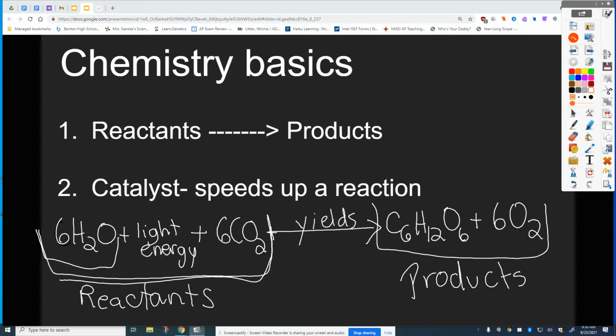Now, if you're driving, what does yield mean? Slow down, give the other people the right of way, right? You're looking before you go. Yields in this case means produces. So the reactants yield the products of glucose and oxygen.